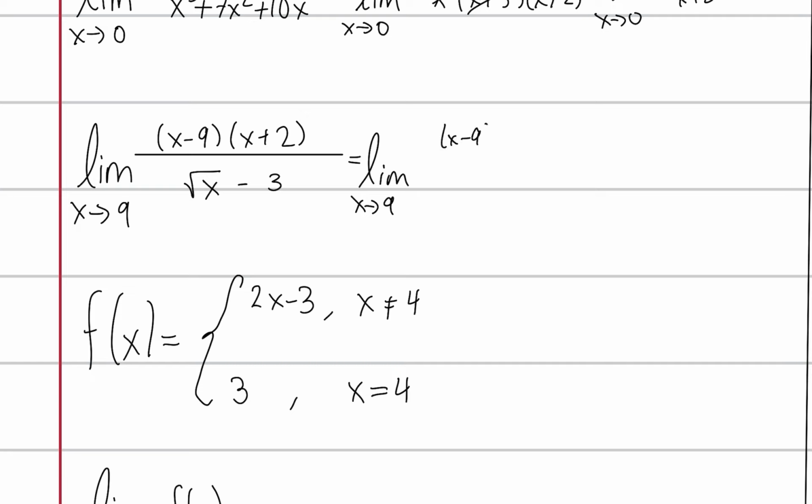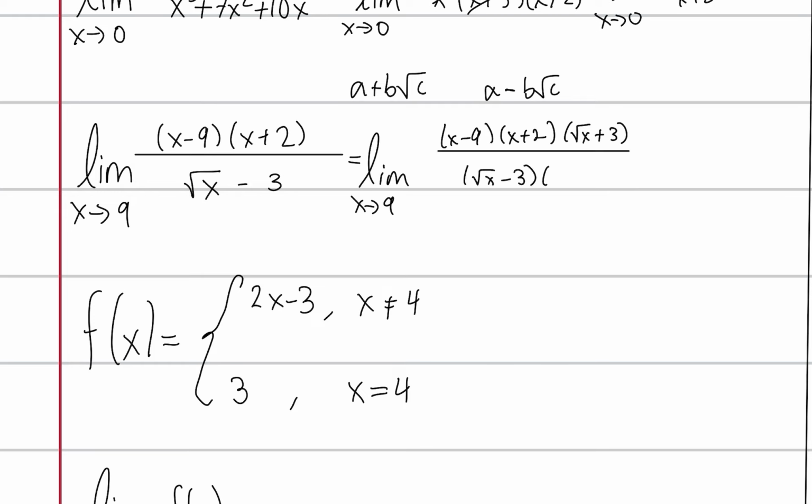If you remember what the conjugate is, you should know that the conjugate of a plus b root c is just a minus b root c. You just change the sign. And this is going to be our conjugate. All of that divided by x minus 3 times the square root of x plus 3.